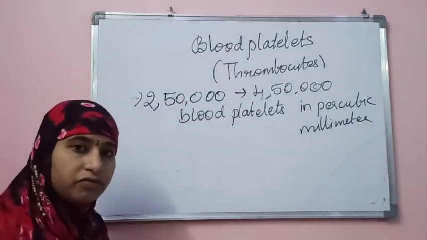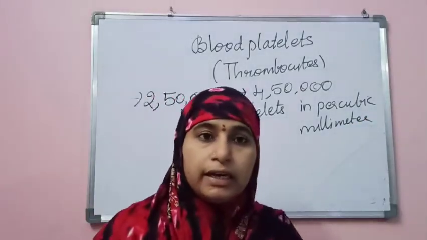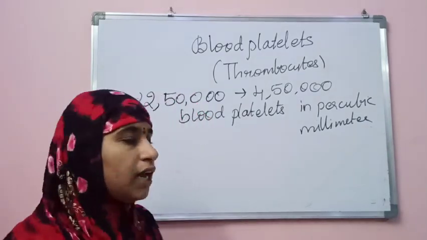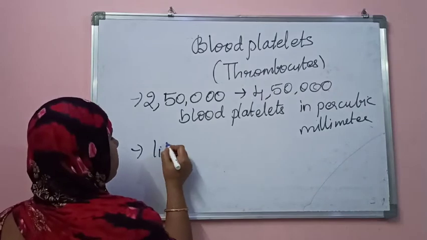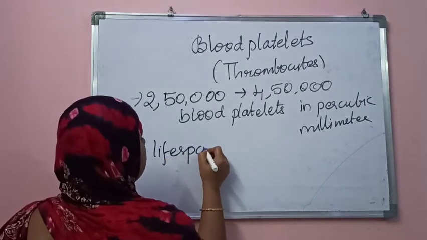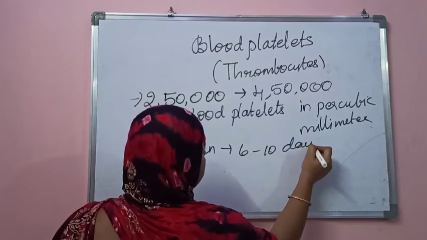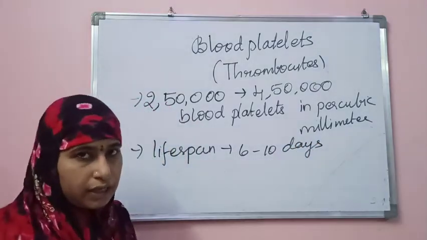So here, 2,50,000 to 4,50,000 blood platelets are present per cubic millimeter of blood. The lifespan of the blood platelets is 6 to 10 days.